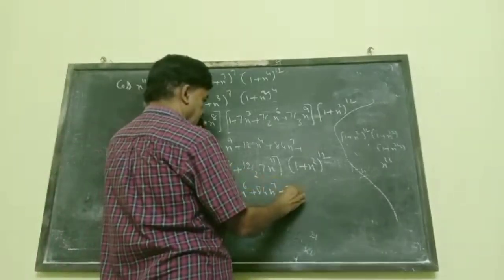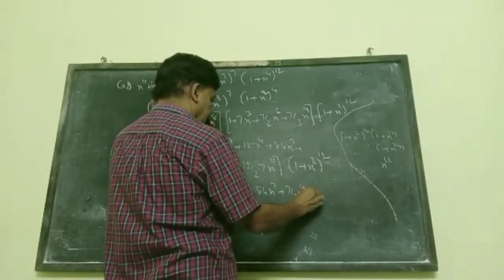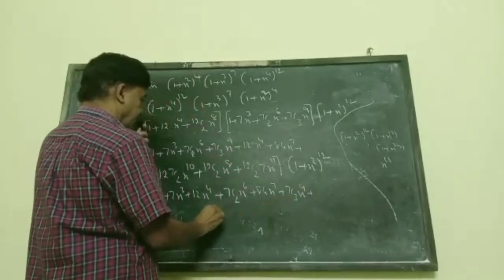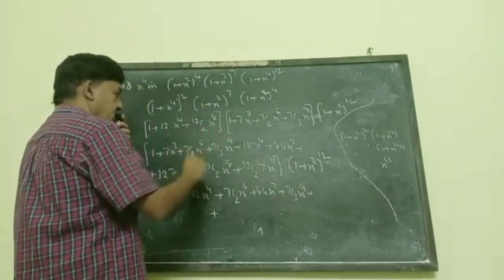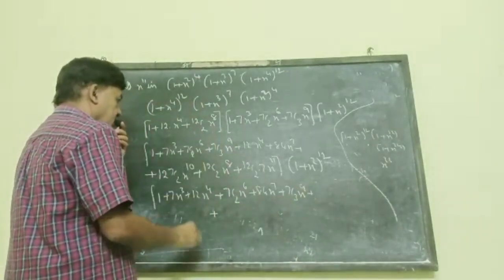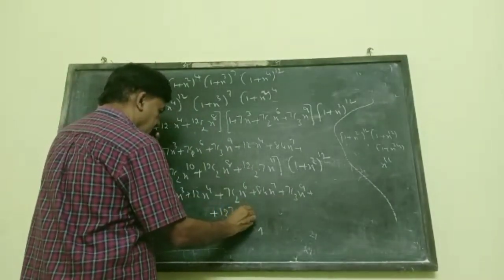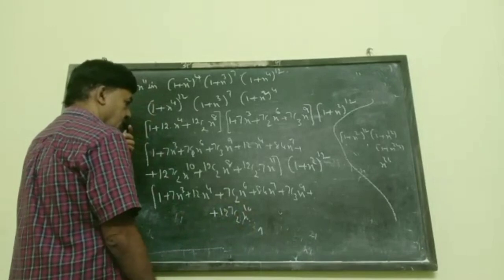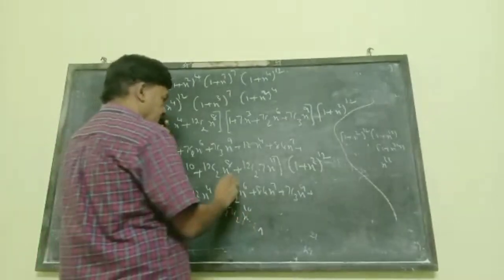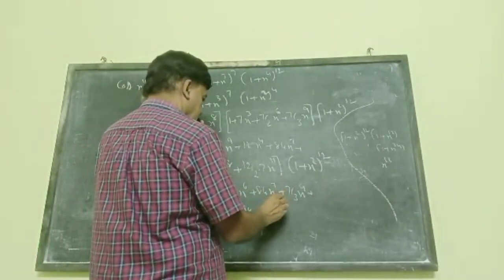7C3 x⁹. Plus 7C3 x⁹. Next, 12 into 7C2 x¹⁰. x⁸ is also there.